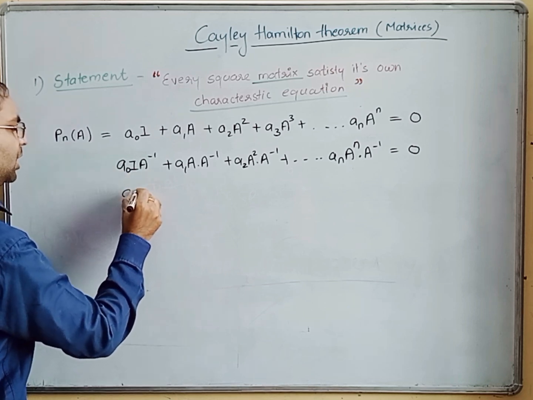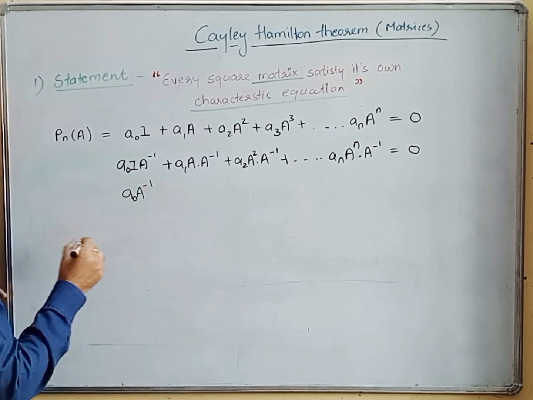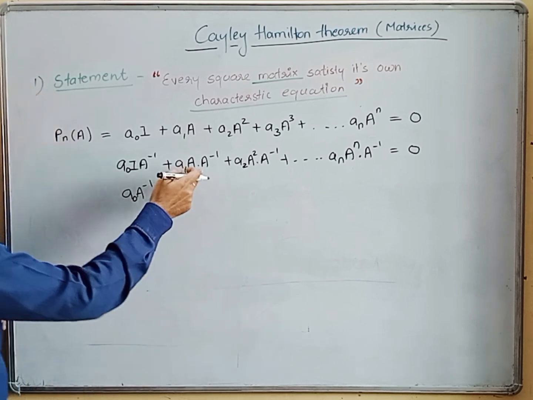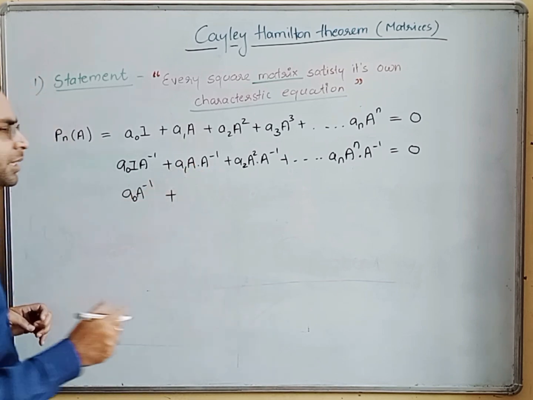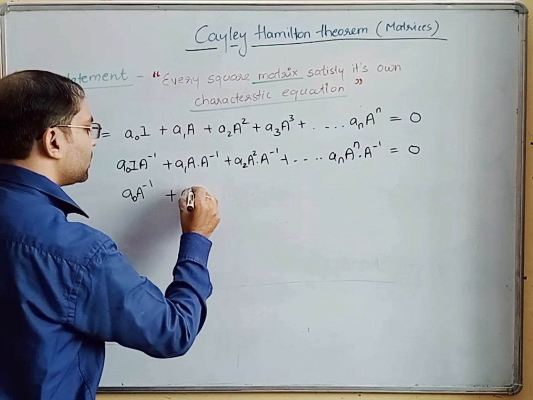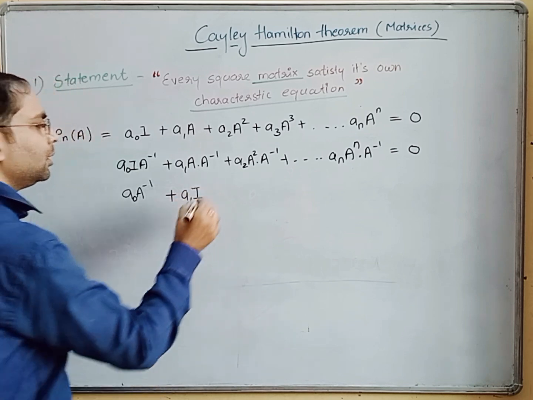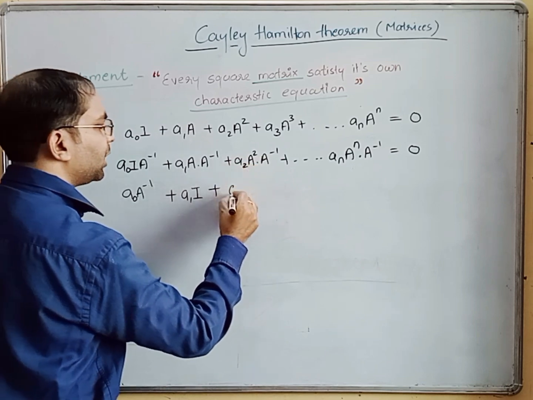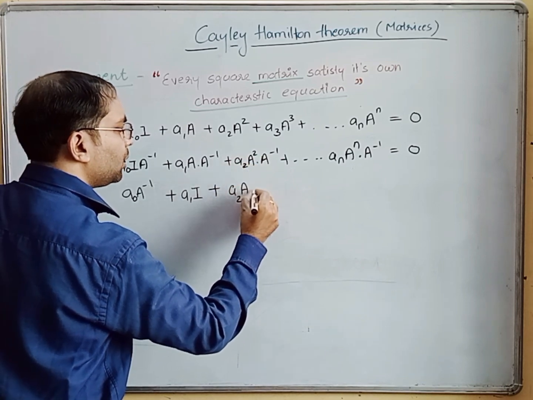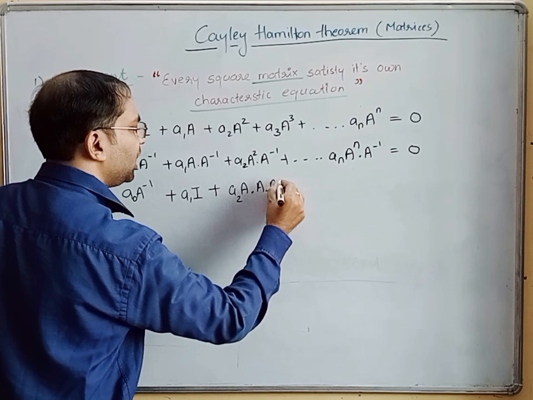So this will become A0 A inverse plus, and if we multiply a matrix by its inverse, then the resultant is always the identity matrix. So this will result in A1 I plus, here we will reduce the power. So this will become A2 A dot A dot A inverse.